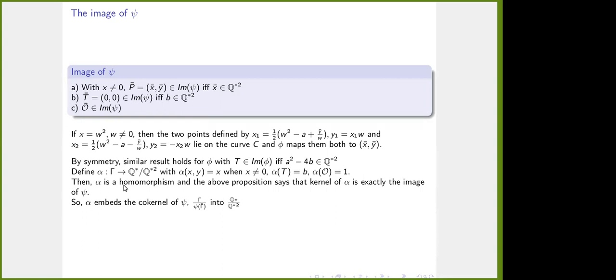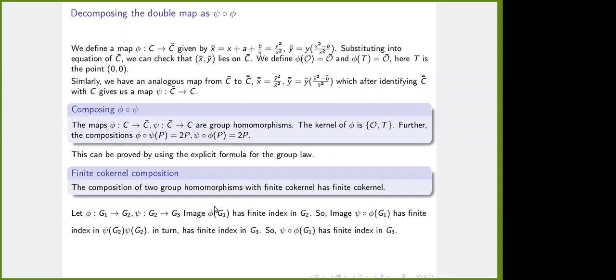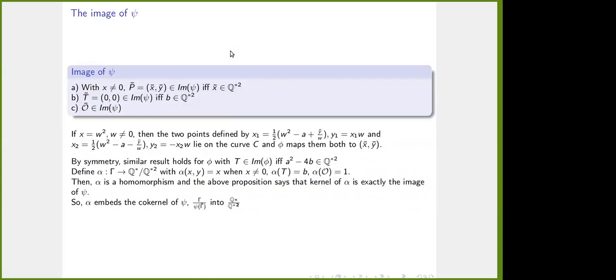So again, let me just remind you of our goal. We want to show that the image of psi and image of phi have finite index. So I'm looking at the group gamma modulo the image of psi.